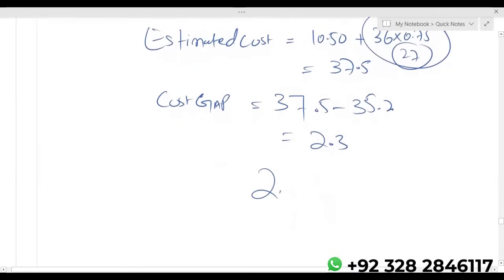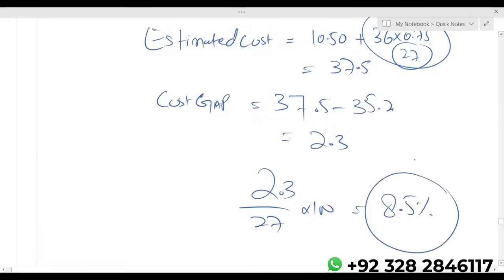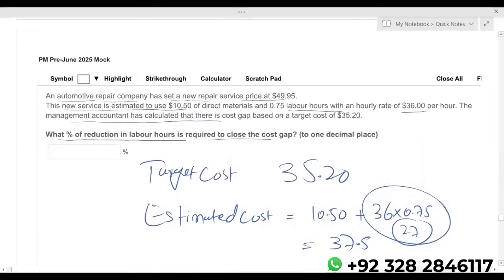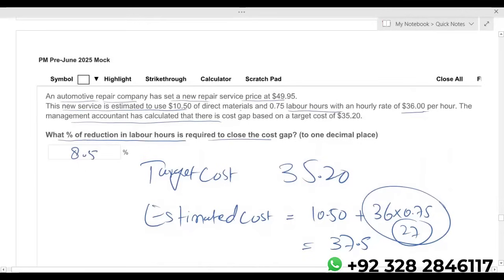So here comes the reduction: 2.3 upon 27. Percentage reduction, students, I'm getting 8.5%. That's perfect. If there's an 8.5% reduction in labor hours required, then there will be no cost gap.